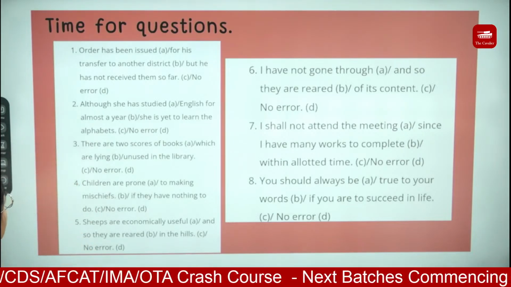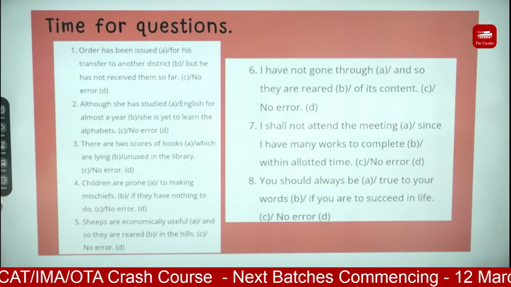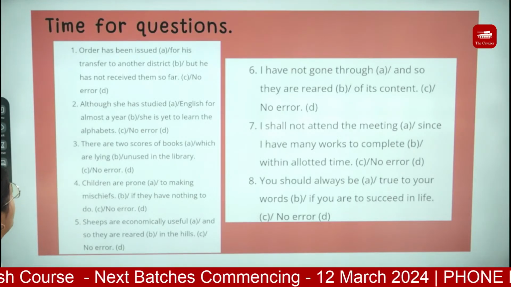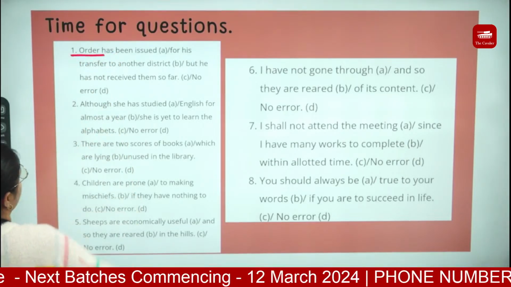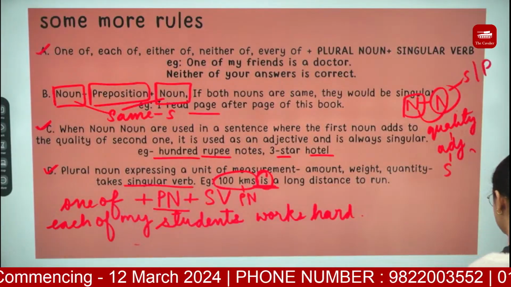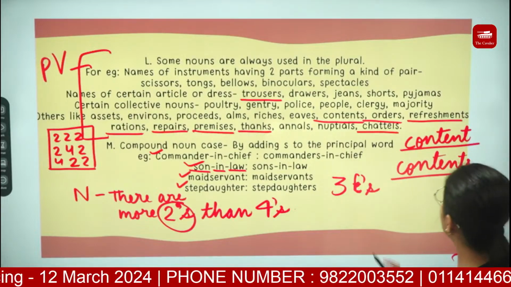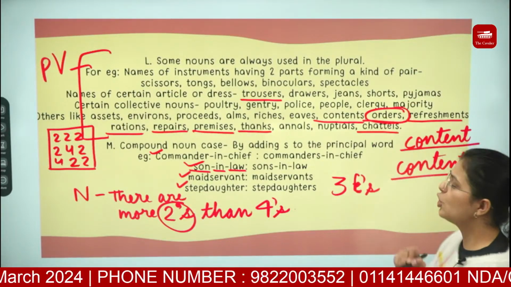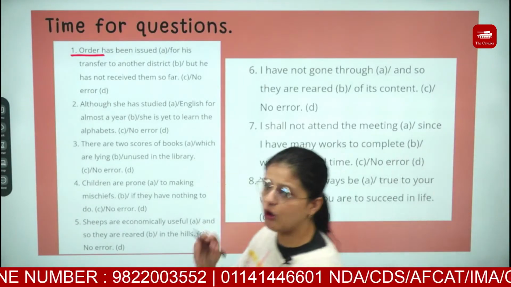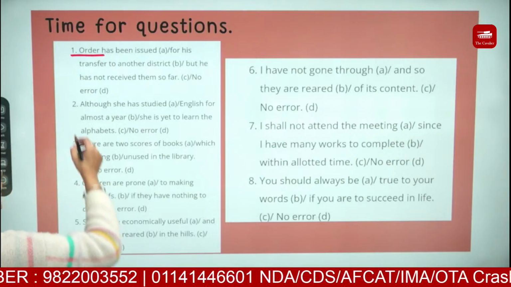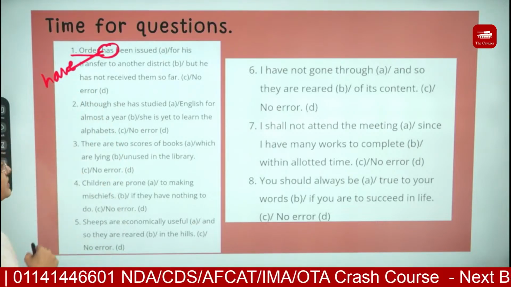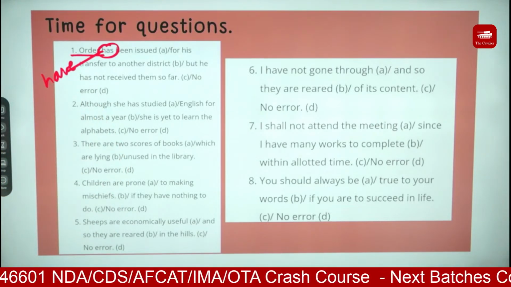The word orders, let's look at our slide back. Over here, the word orders is always plural, and over here it is written order. So it is wrong. It should be orders, and instead of has, have. Orders have been issued for his transfer.